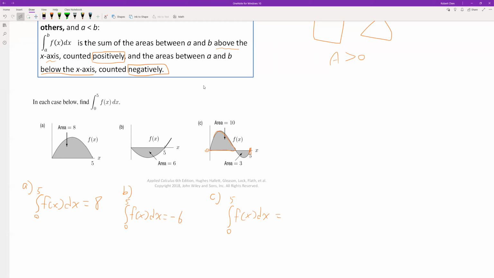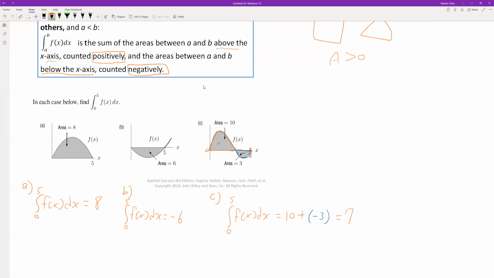That's gonna have positive area, so a positive 10, plus the one that is below the x-axis, which is this part right here, it's going to have negative area, so we have to add -3. And by adding these two values together, we get that the total area under the curve is +7.